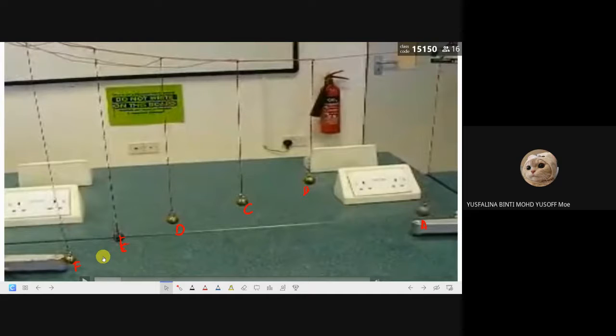So E will oscillate with maximum amplitude, because it has the same length as A, which means they have the same frequency. This we call the natural frequency. Both of them have the same natural frequency, so both will oscillate with maximum amplitude.